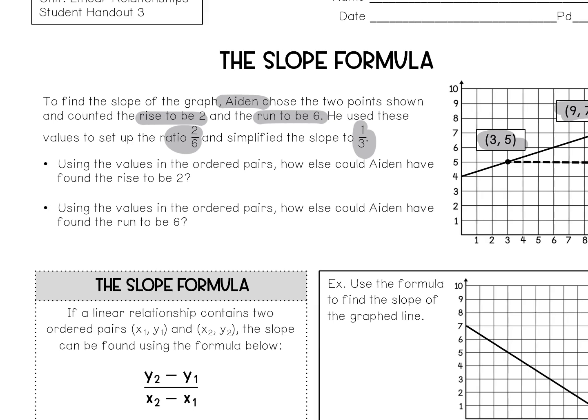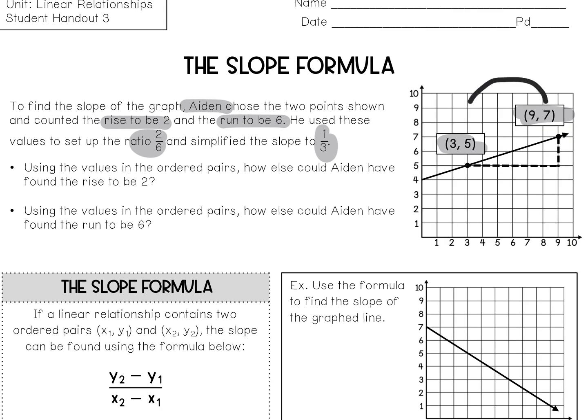Now, which values in the ordered pairs? So before we were looking at the graph, we're going to look at the graph to help us move to the points, and then we'll just have points later. So when looking at those 2 points, (3, 5) and (9, 7), how could I get a rise of 2?